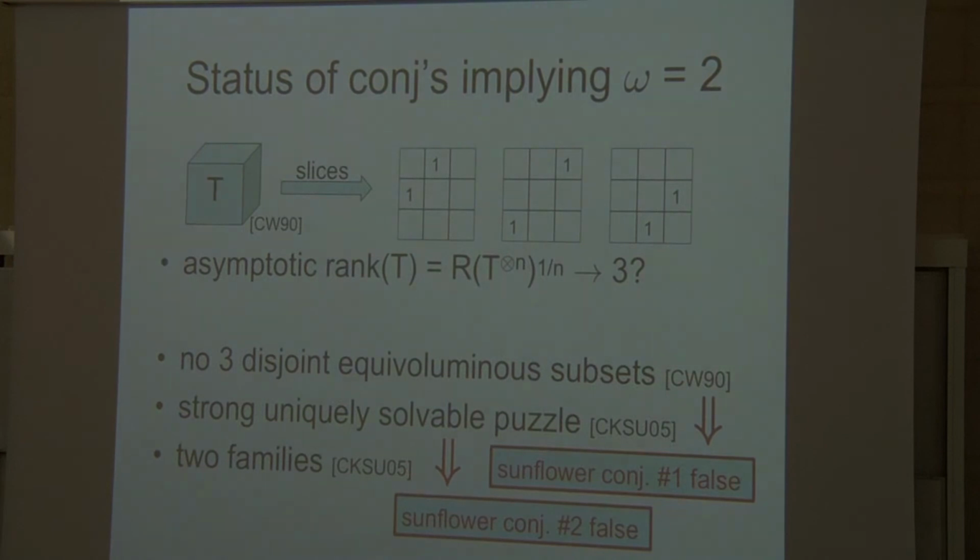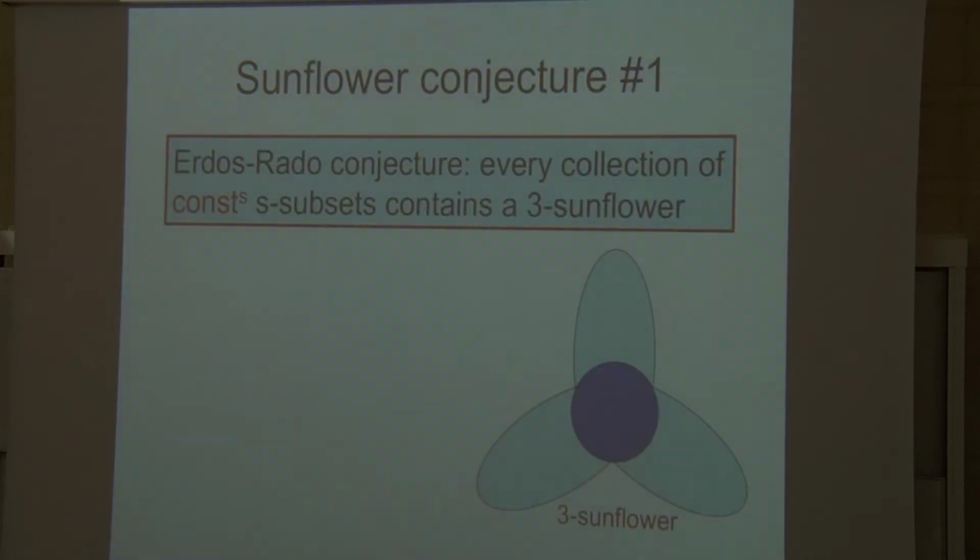The no 3 equal voluminous subsets conjecture contradicts the classical sunflower conjecture of Erdős-Rado, which is that every collection of some constant to the s many s-subsets contains a 3-sunflower. And of course, the famous sunflower lemma tells you that if you have s factorial many subsets, you get a sunflower. The conjecture is that constant to the s suffices, and that's a well-known and long-standing conjecture.